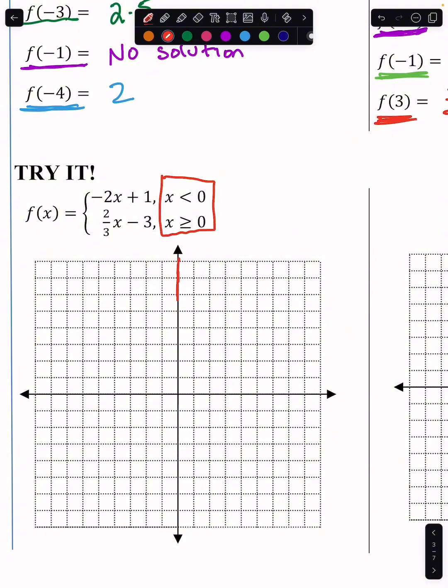Actually, no, let's keep going this way. Our boundary's there, okay? So we're going to graph both lines, but we're not going to need the whole thing of both of them. So let's go ahead and graph this first one in green.